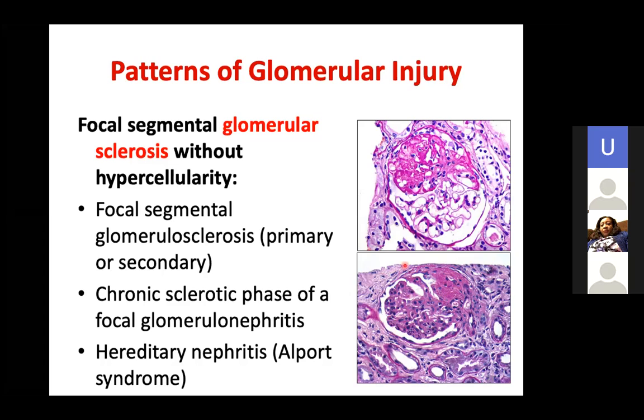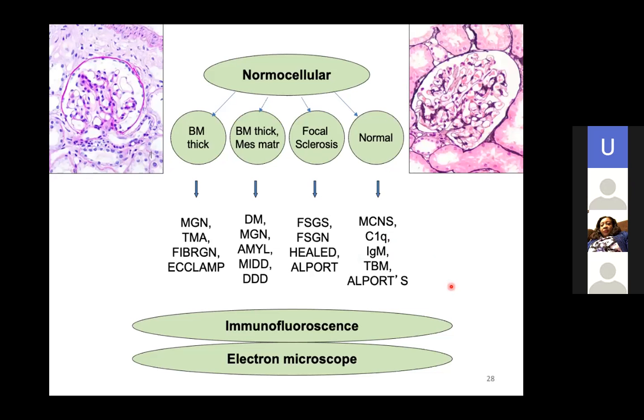But generally, as you know, most of the times the entities are focal and segmental glomerular sclerosis. This segmental sclerosis could also be a sclerotic phase of a necrotic lesion. So in that context, the clinical scenario would be important. If the patient is not nephrotic, then this segmental sclerosis may mean a necrosis which has healed, right? So everything depends upon the clinical scenario.